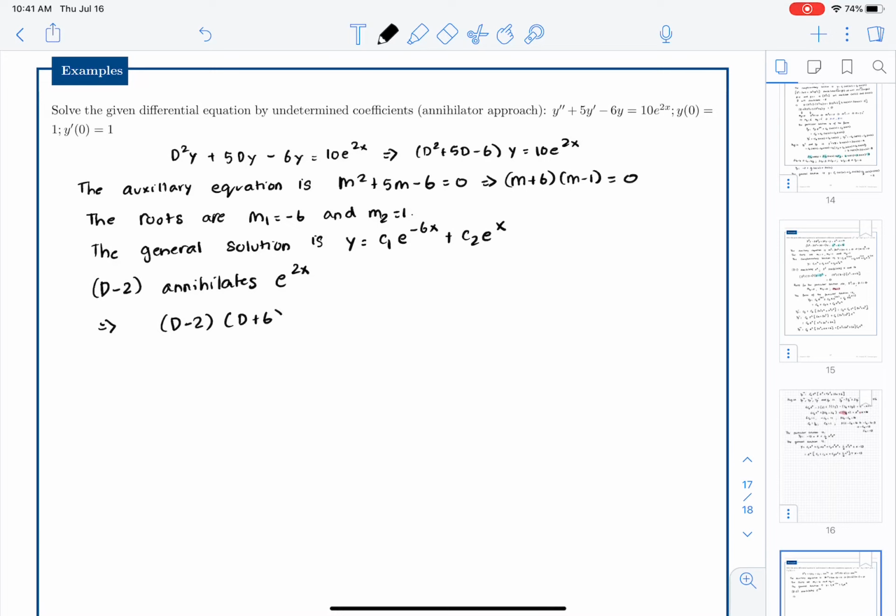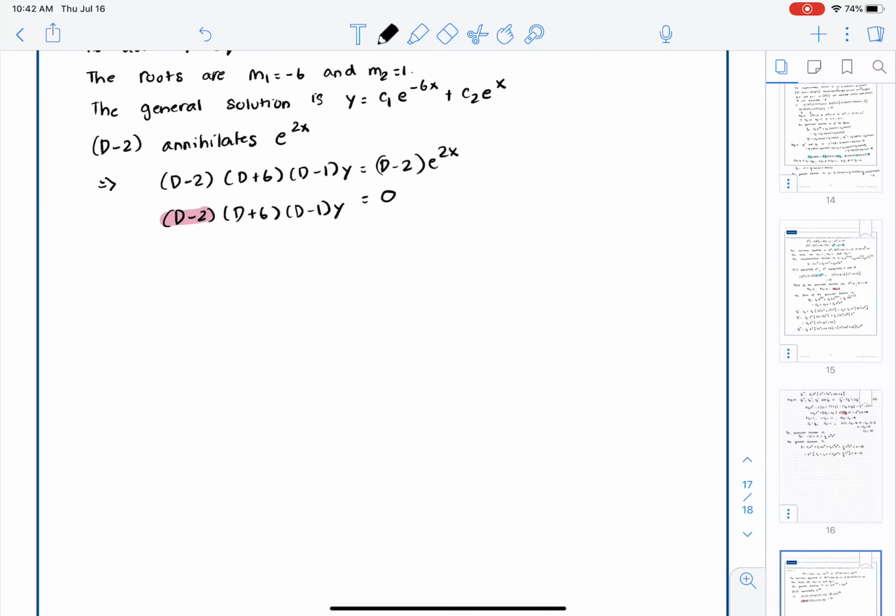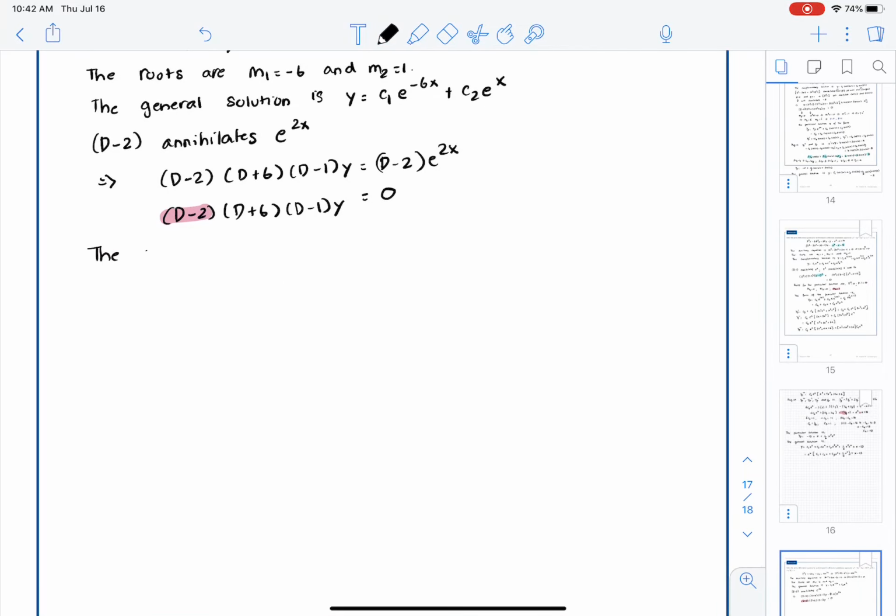So (D minus 2) times (D plus 6)(D minus 1)y equals (D minus 2) times 10 e raised to x. The right-hand side would become 0. And that would give us the root for the particular solution. So the root in this case is m minus 2 equals 0, which would imply m3 is 2.